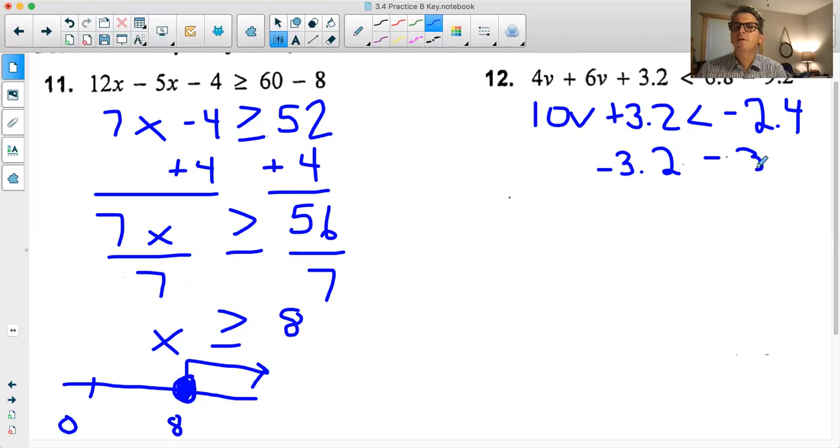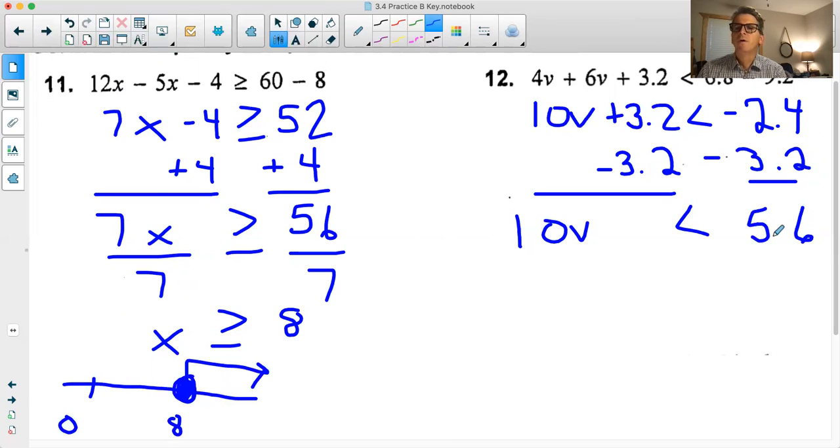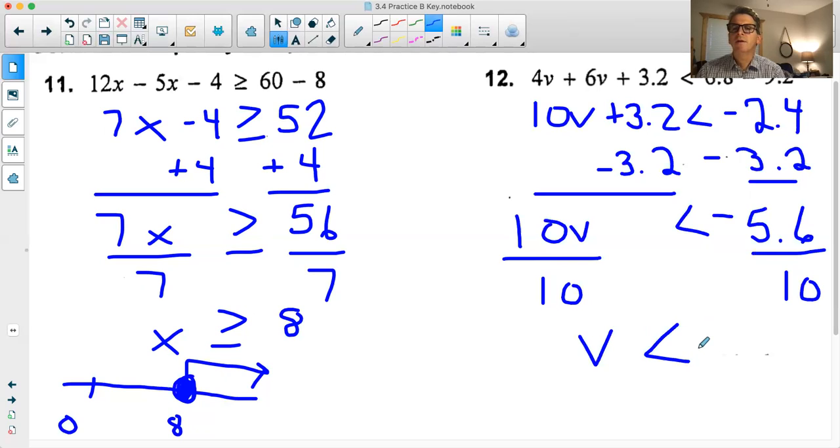Subtract the 3.2. And that would bring you to 10V less than negative 5.6. Negative 5.6, divide by 10. Divide by 10. You'd have V less than negative 0.56.